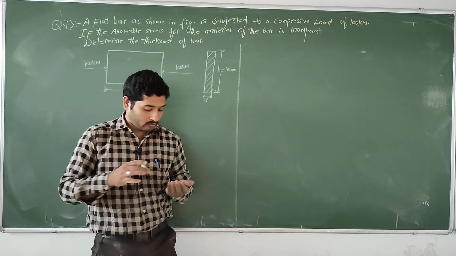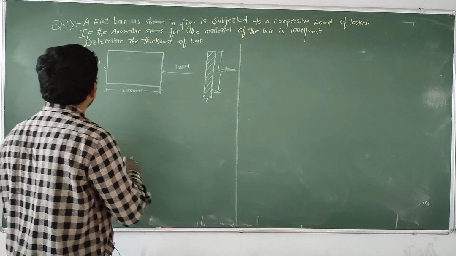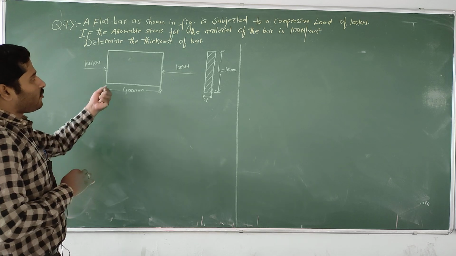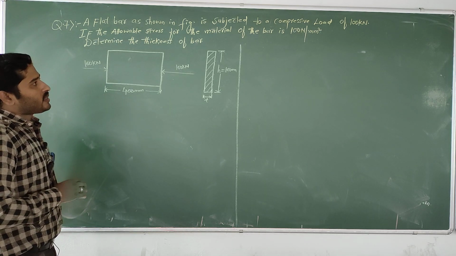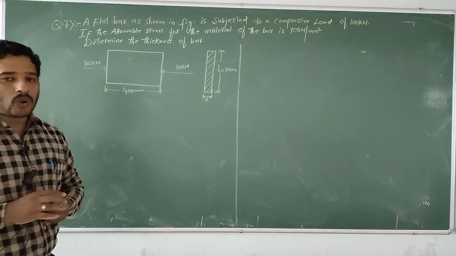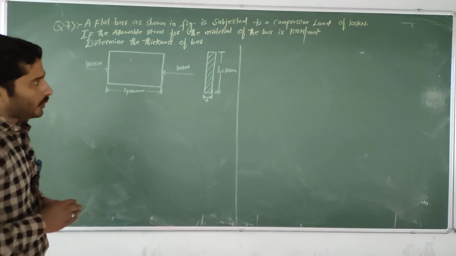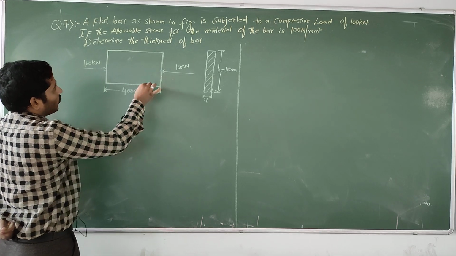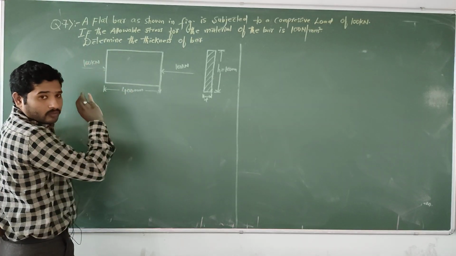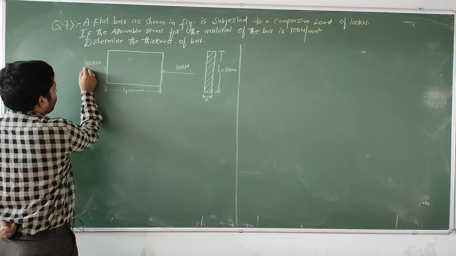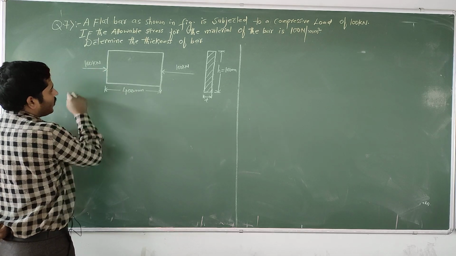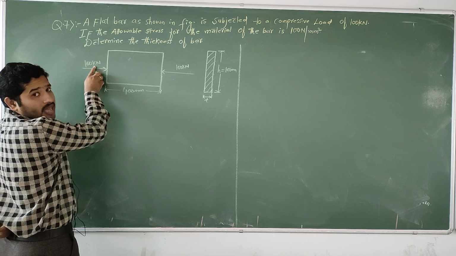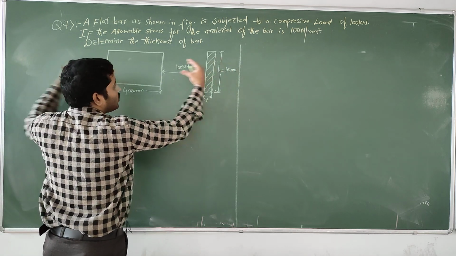Next problem, the 7th one. A flat bar, as shown in the figure, is subjected to a compressive load of 100 kN. That is one flat bar subjected to a compressive load. How much load is acting here? 100 kN is acting from both sides.